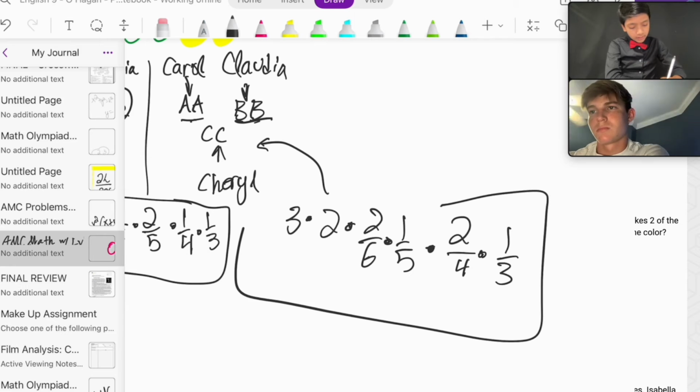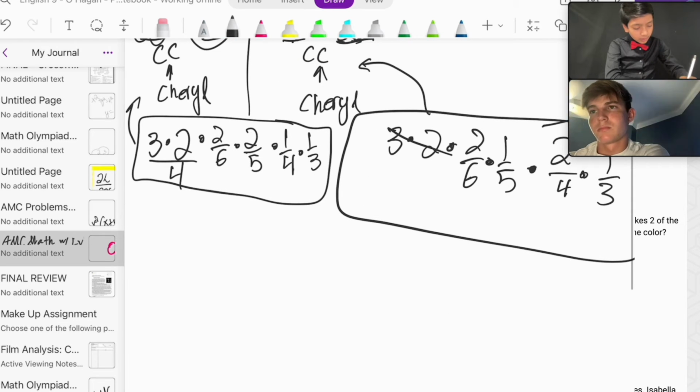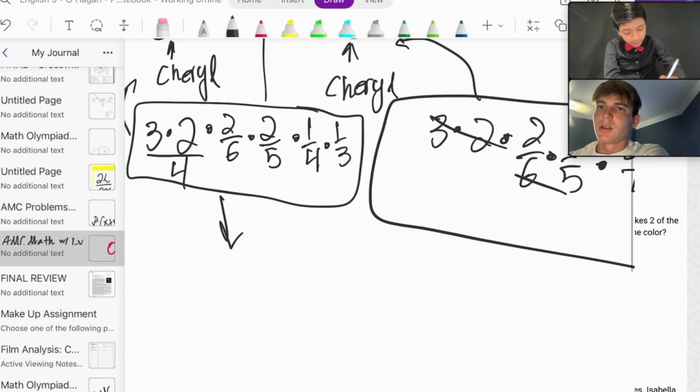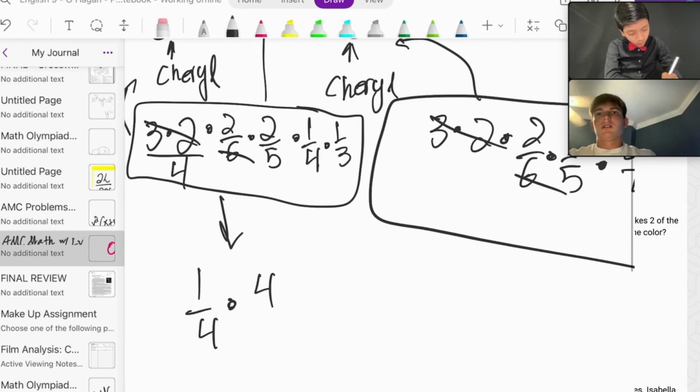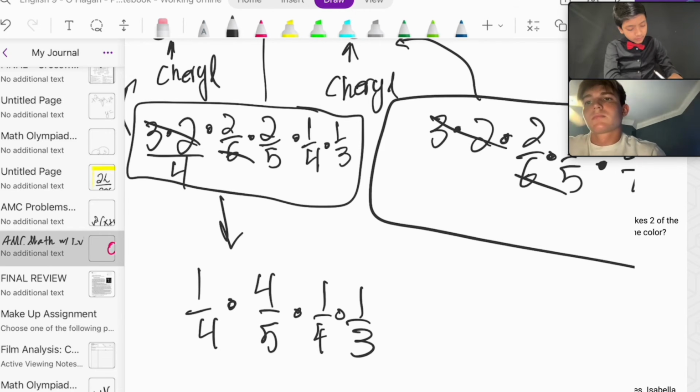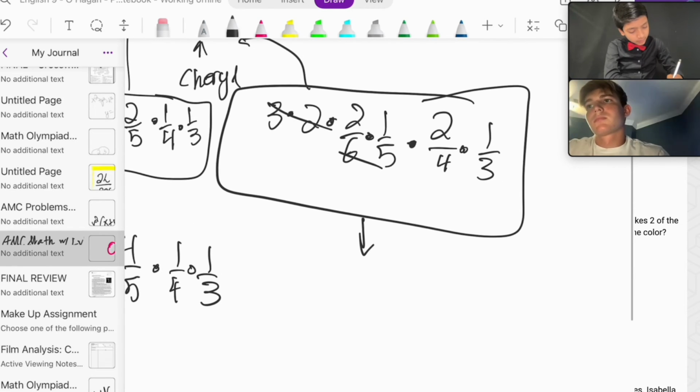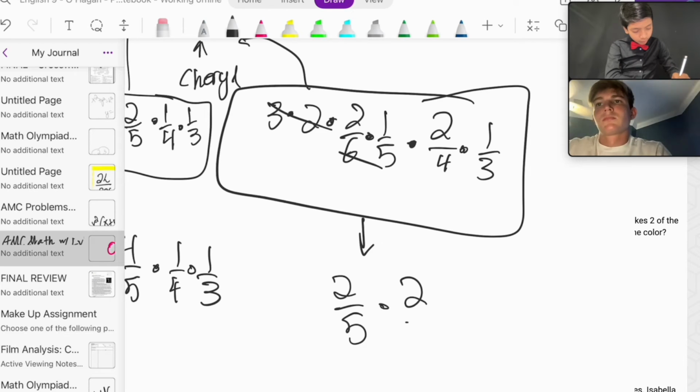So, okay. Adding these together, I get, this is 1 over 4 times 4 over 5, and 1 over 4 times 1 over 3. Meanwhile, this one is 2 over 5 times 2 over 4 times 1 over 3.